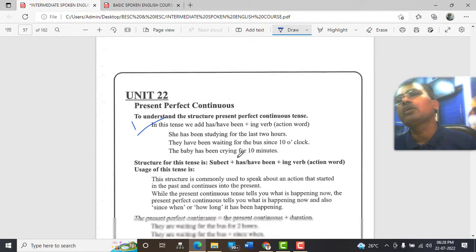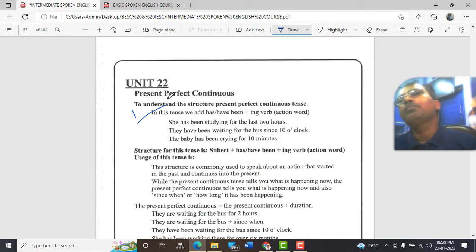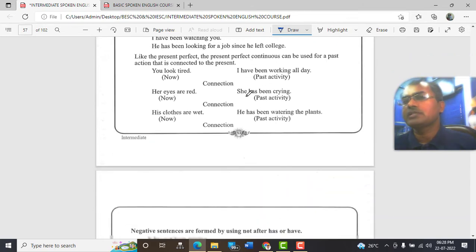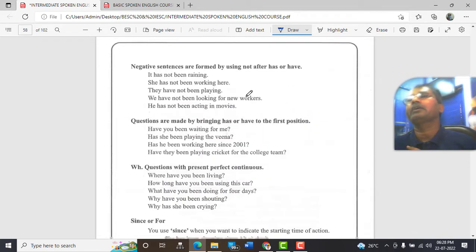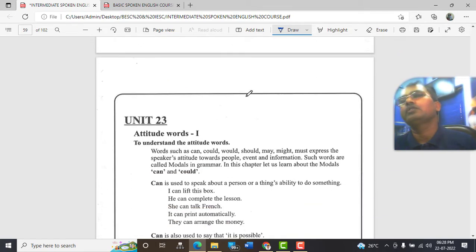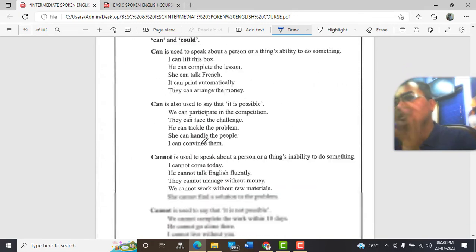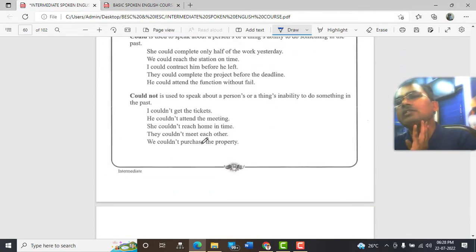Most of them will go wrong in tenses. This is perfect continuous tense, present perfect continuous tense, past perfect continuous tense, future perfect continuous tense. All these are there. Next we will be going to a very important topic which is called attitude words. We talk about positive attitude words, we talk about neutral attitude words, we talk about negative attitude words. We'll be speaking on these aspects.